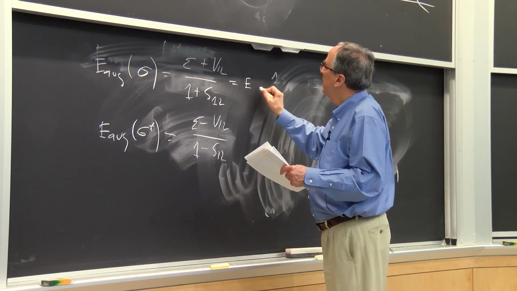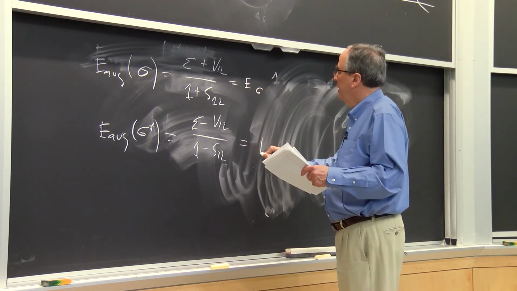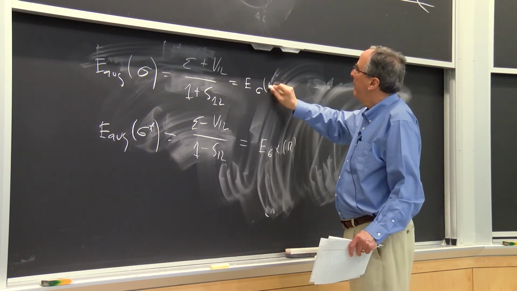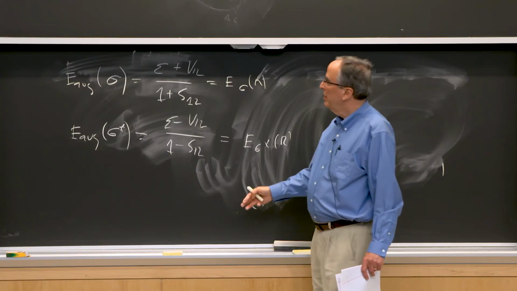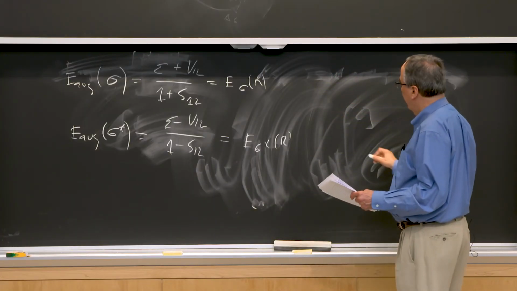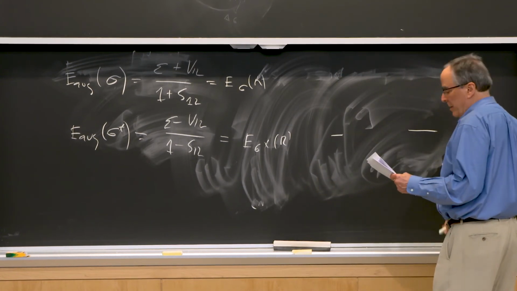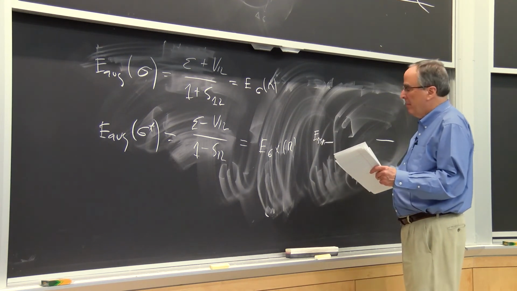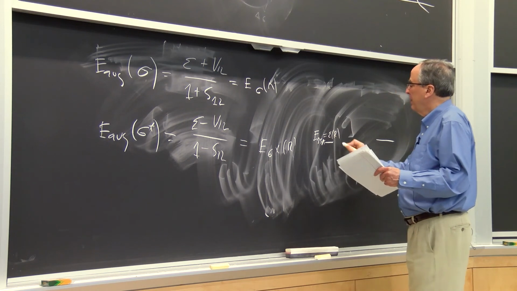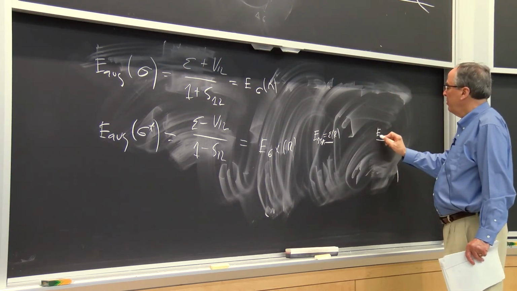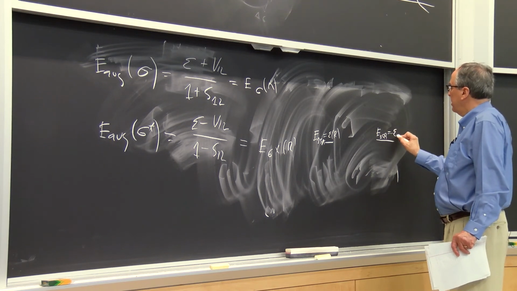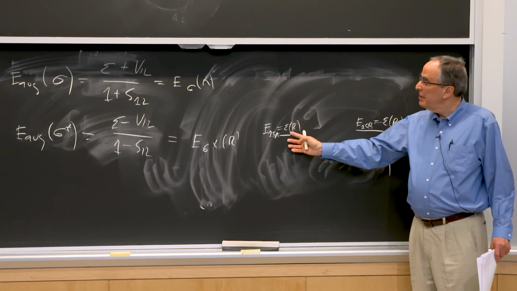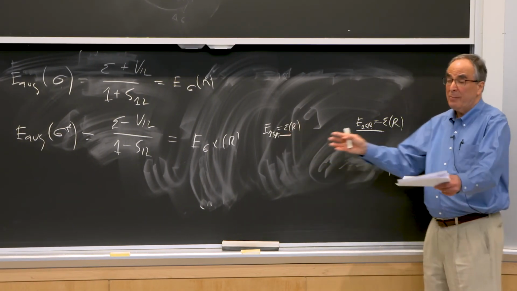We have sigma and sigma star, both as a function of R. And so if we draw a molecular orbital diagram, here we have the energy of 1sa, which is epsilon as a function of R, and this is the energy of 1sb, which is equal to epsilon of R. Normally, we choose R equal to infinity for the separated atom.